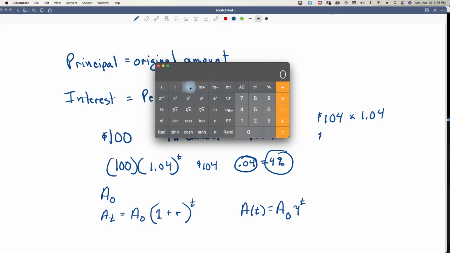At the end of our second year, we have $104 in our account and we get our interest again, so we have $108.16. At the end of the third year, $112. Now we only deposited $100, but interest has grown.